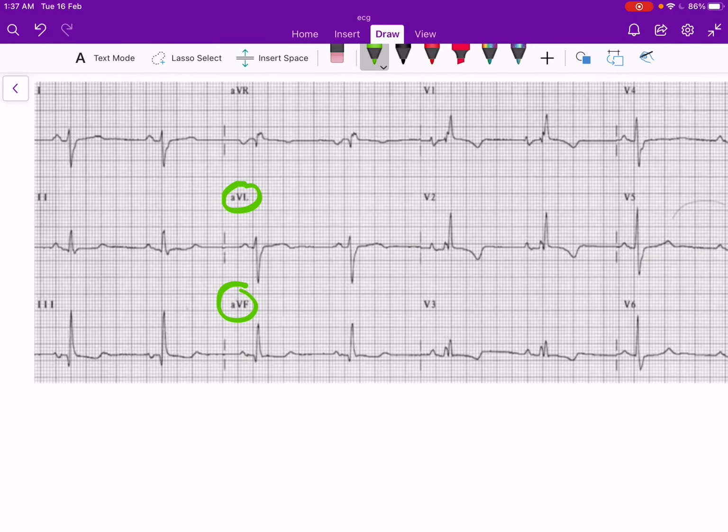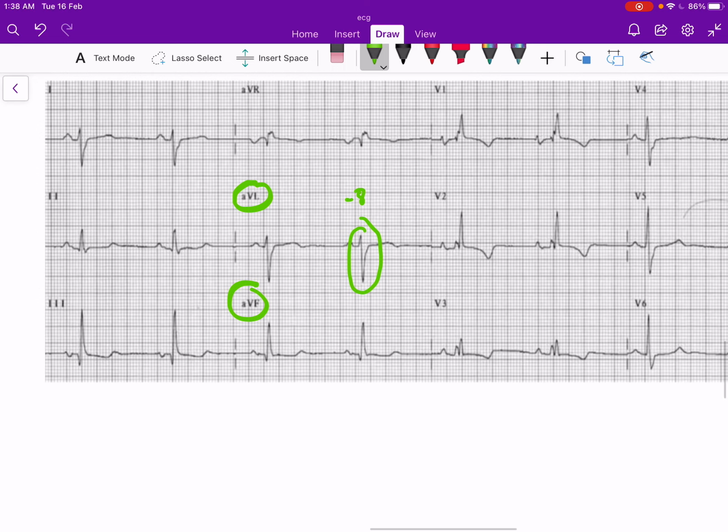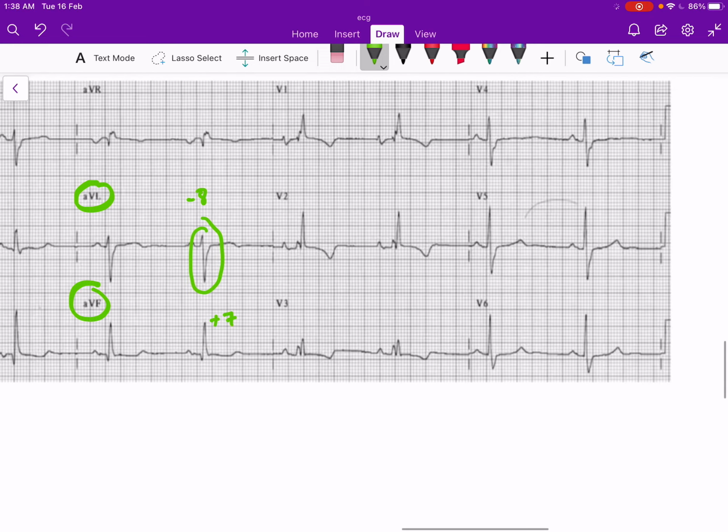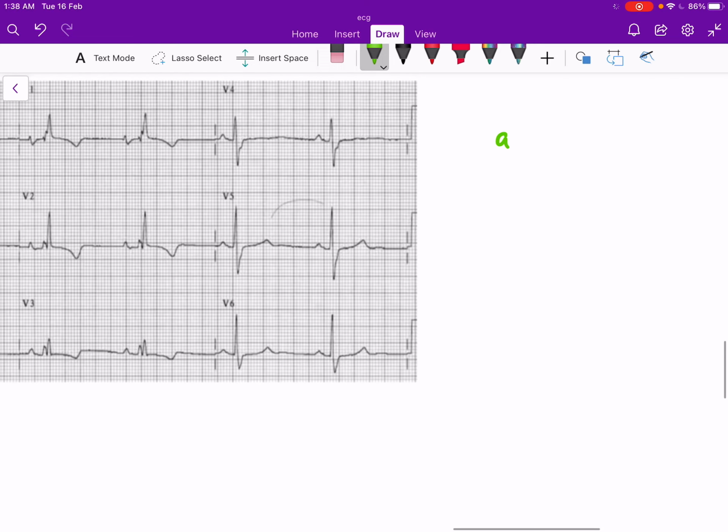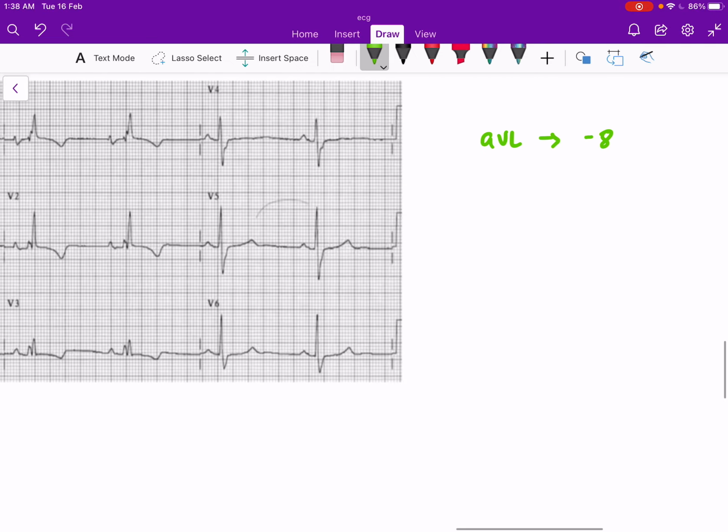If you see closely, lead AVL has a magnitude of around minus 8, whereas lead AVF has a magnitude of around plus 7.